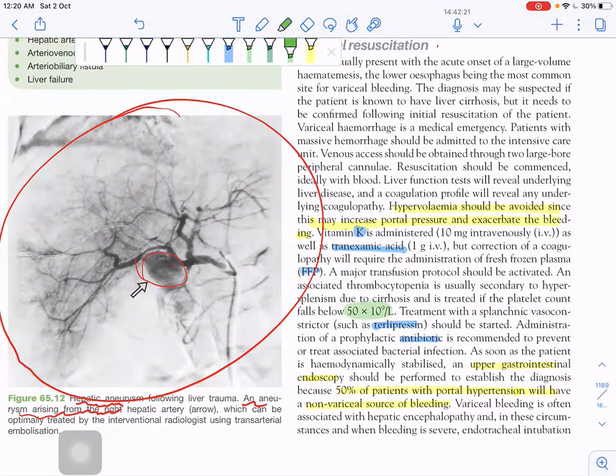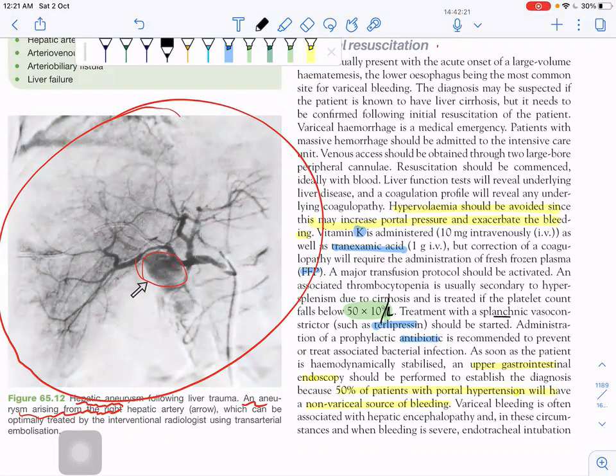Is it wrong or not, I don't know. It is 50,000, but per liter they are giving here, not deciliter. Just remember 50 into 10 power 9 per liter.